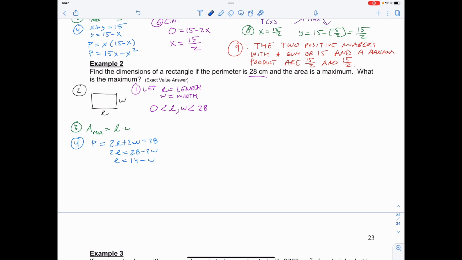And I'm going to sub that back into the equation. The area is going to equal 14 minus the width times the width, or the area is going to equal 14 width minus width squared.